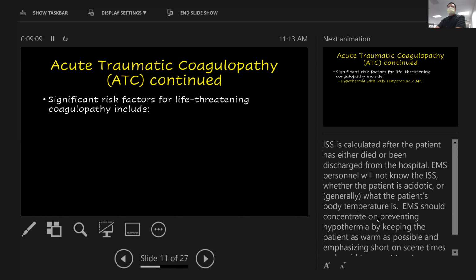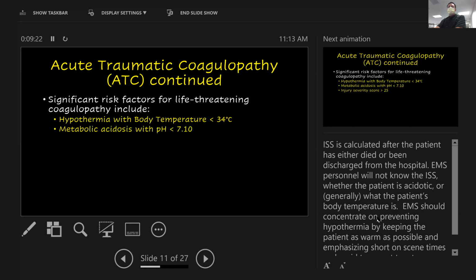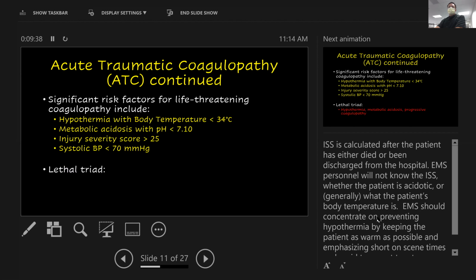The significant risk factors for life-threatening coagulopathy include the following: hypothermia, particularly a body temperature less than 34 degrees Celsius, metabolic acidosis with a pH of less than 7.1, a high injury severity score greater than 25, hypotension, specifically a systolic blood pressure less than 70.